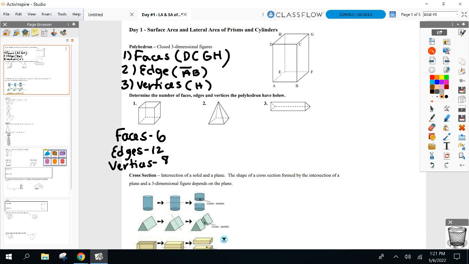Anybody know what the polyhedron in number 2 is called? Pyramid. That's a pyramid. Yep. That's probably my favorite day of the year on Monday, talking about a pyramid. Can't wait. How many faces on the old pyramid? 5 faces. Edges.